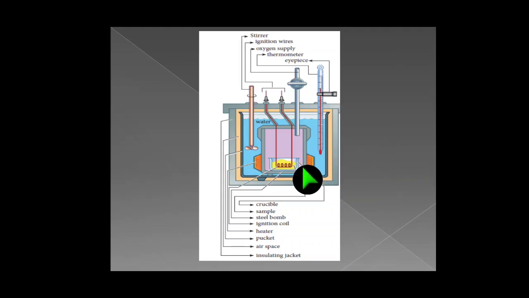A weighed amount of combustion substance, benzoic acid, is burned in oxygen in the bomb. The heat evolved during the reaction is absorbed by the calorimeter as well as the water in which the bomb is immersed.